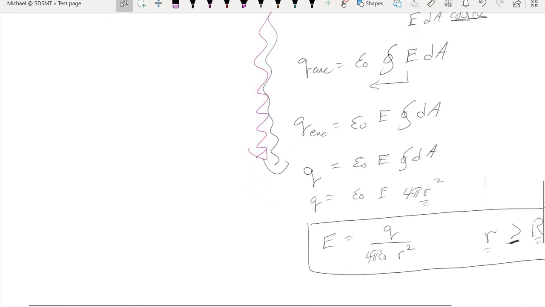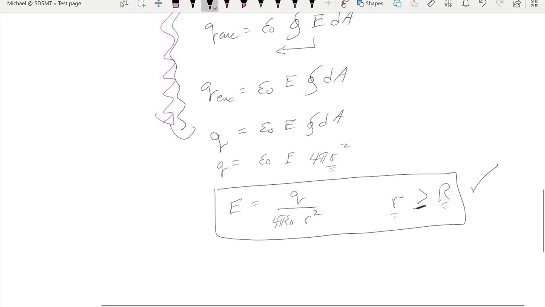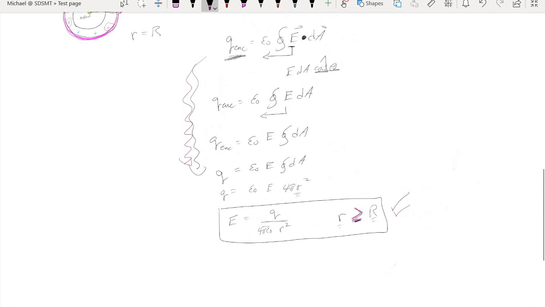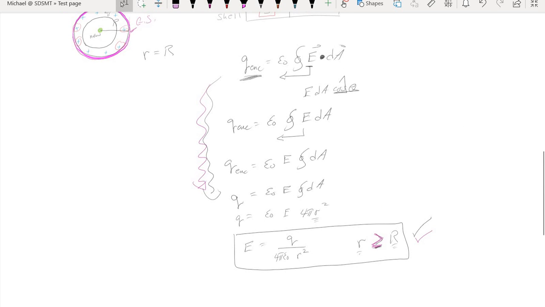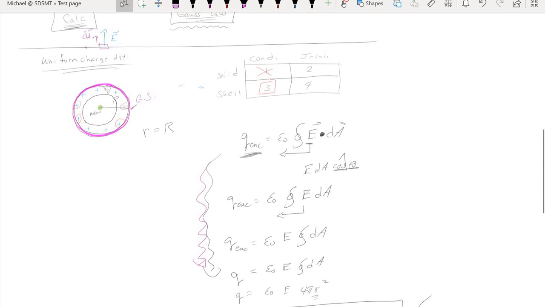As long as we are outside of the sphere, whether we're sitting right at the surface of the sphere or somewhere a little bit further out, this expression is going to give us the same outcome as what the solid conducting sphere gave us.